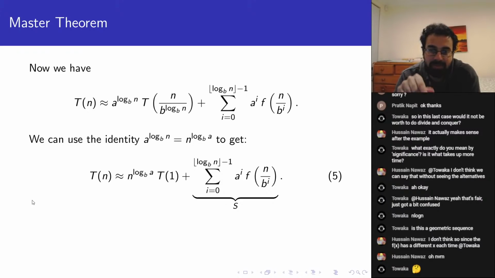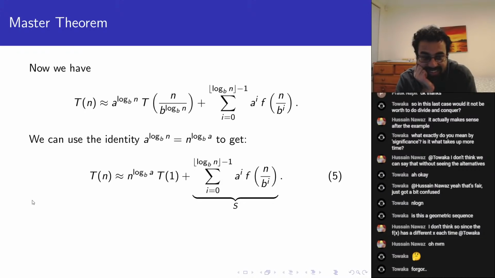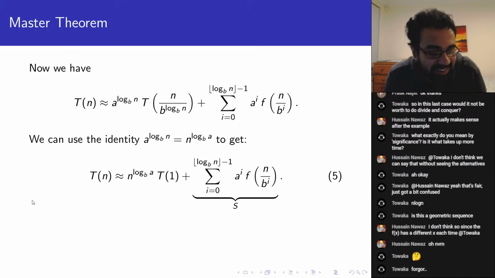And at this point, this should be ringing some bells. Where have I seen n to the power of log base b of a before? What's log base b of a? Where have you seen that expression? Like a few minutes ago. This was the definition of something. This was the definition of the critical exponent. This was C star. That's okay if you've forgotten. There's a lot going on, I know.